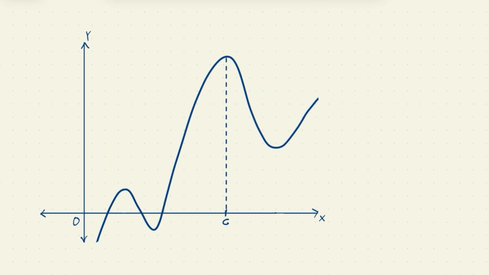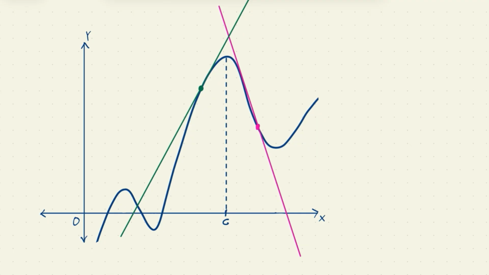So how do we use derivatives in order to find the maxima and minima? For that, if you see at point C, the function is increasing at first and decreasing afterwards. That means if I make a tangent before C, then the slope of the tangent will be positive, and if I make a tangent after C, then the slope of this tangent will be negative.